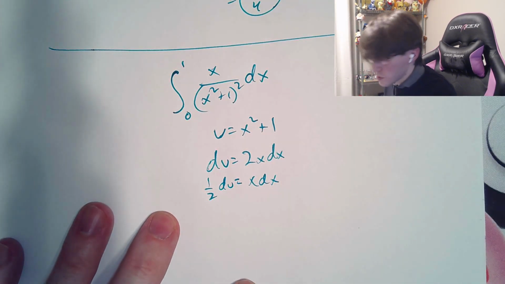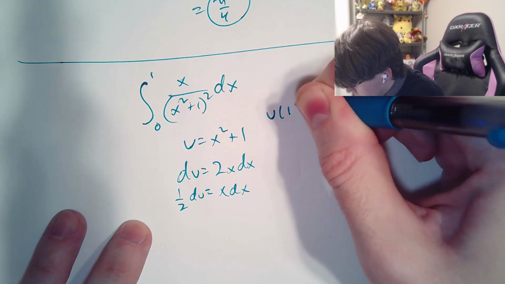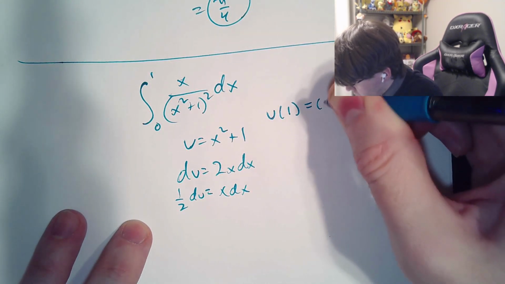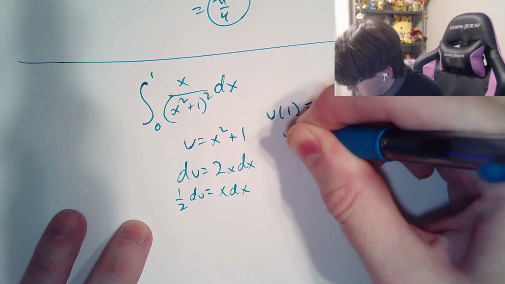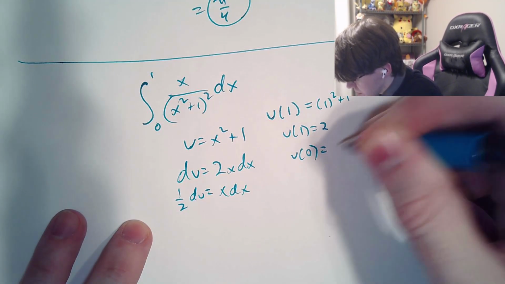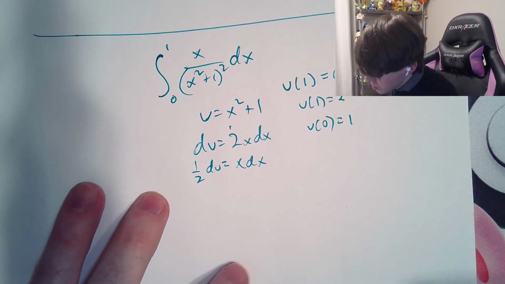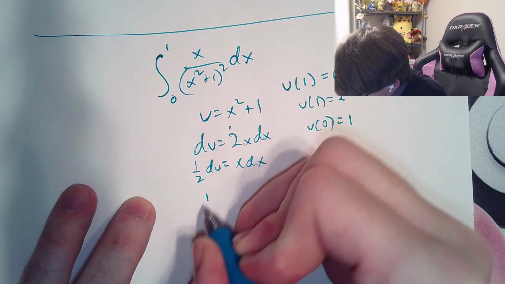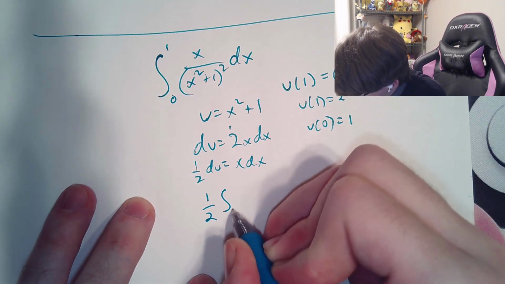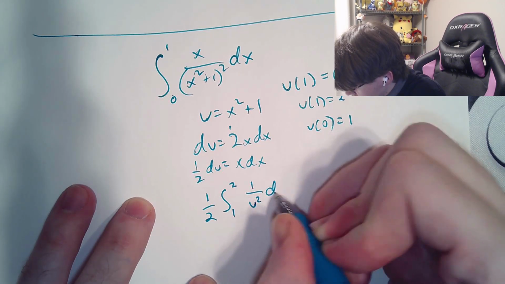And like I said before, this one actually will change when you plug in those u's, because if I do u of 1, that's going to be 1 squared plus 1, or in other words, u of 1 is equal to 2, and likewise, u of 0 is going to be equal to 1, because if I plug in 0, I get 0 plus 1. So our new antiderivative here is going to be a 1/2 antiderivative from 1 to 2 of 1 over u squared du.